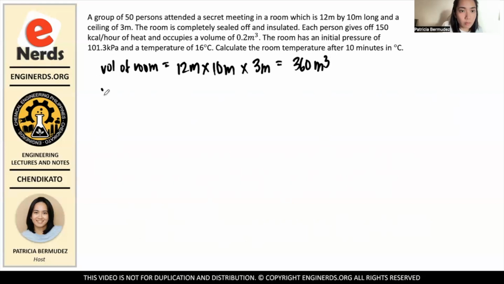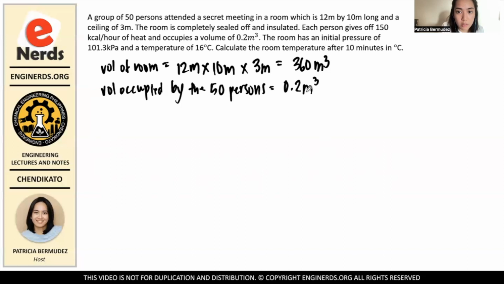And the volume that is occupied by all 50 persons is 0.2 cubic meters times 50.